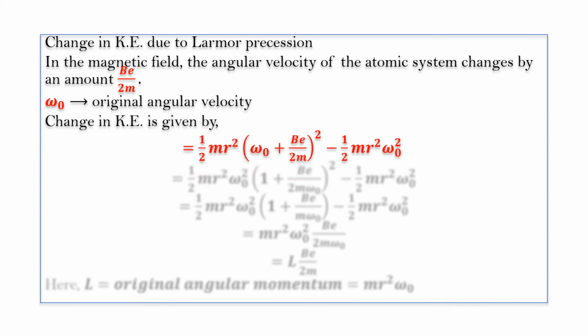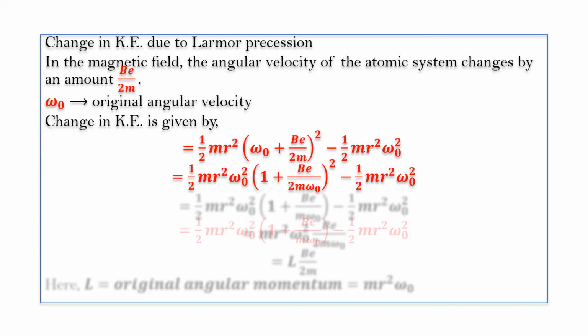we know the basic kinetic energy equation, half m v square. So here we put half m r square into omega naught plus Be by 2m whole square, minus half m r square omega naught square. On further simplification this gives half m r square omega naught square into 1 plus Be by 2m omega naught whole square, minus half m r square omega naught square.